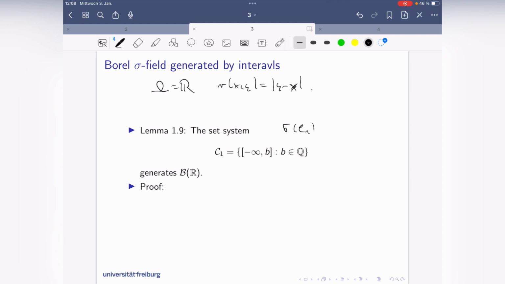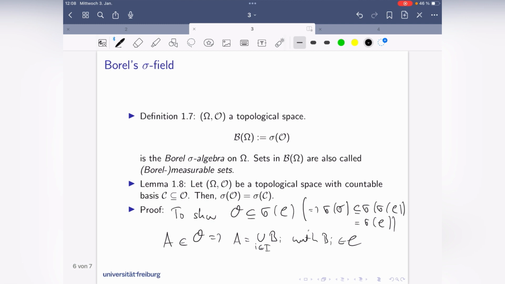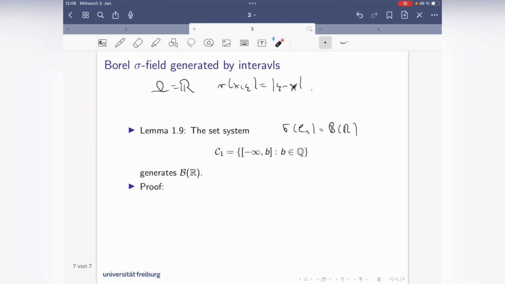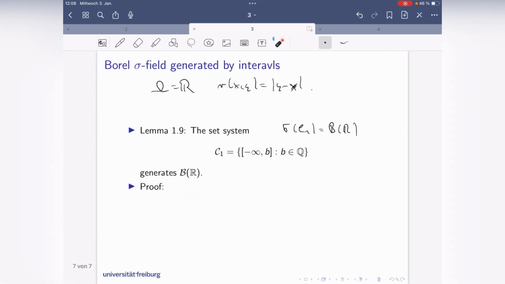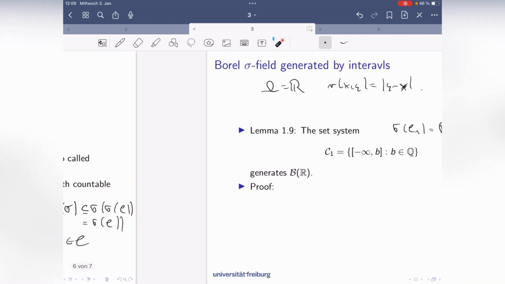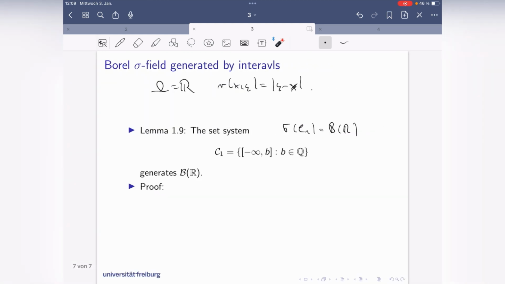Sigma of C1 is the same as B of R. And I'm using this here. So the C here is the C1, and C is a subset of O. But I have to see that C1 generates the topology, the Euclidean topology on R. And then I can use lemma 1.8 and I'm done.